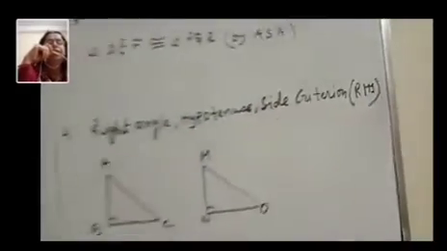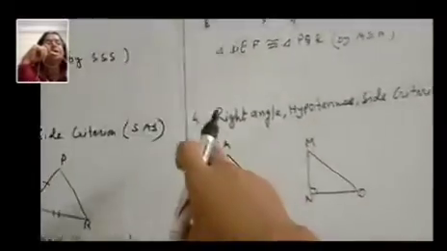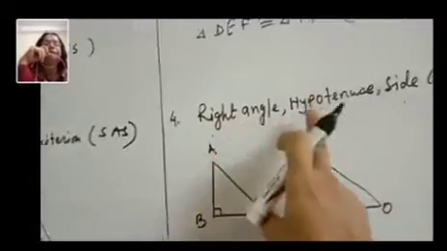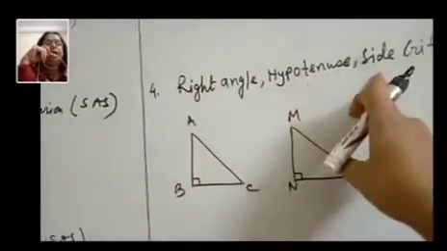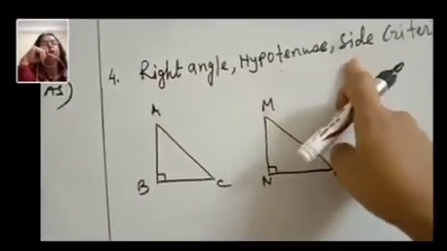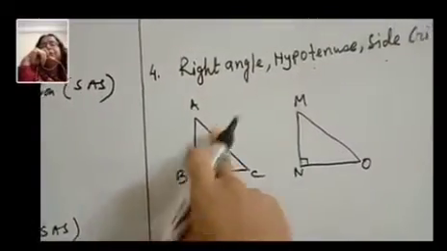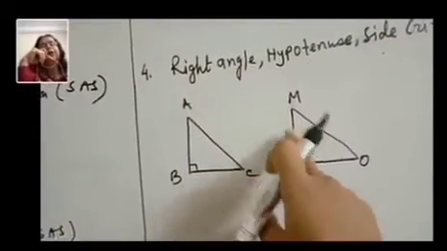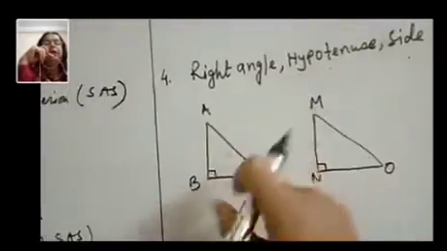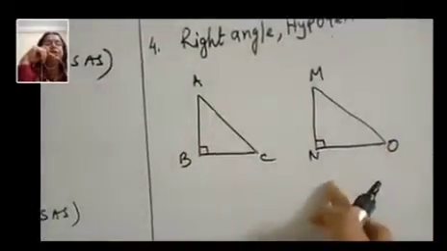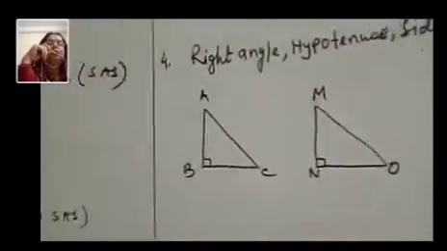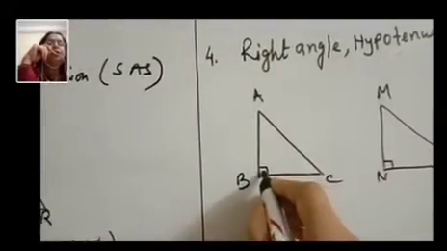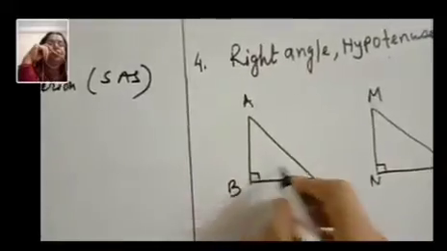Now take right triangles ABC and MNO. One right angle will be there, and the hypotenuse, the side opposite to the right angle, is known as the hypotenuse, and any other side will be correspondingly equal to the other triangle.